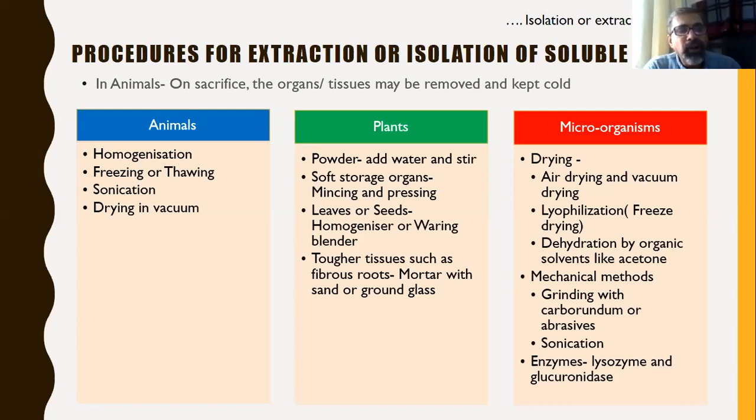Thawing involves, as I told you, freezing, and then later allowing it to come to room temperature. Because of this also, the tissue gets much softer, and hence the homogenization or extraction of the enzymes becomes easier.